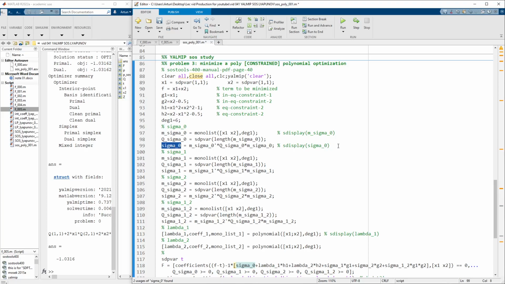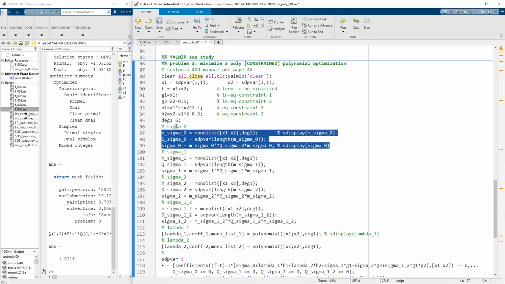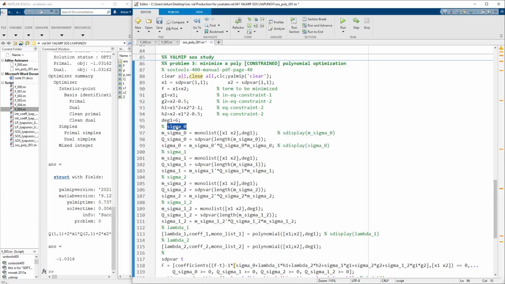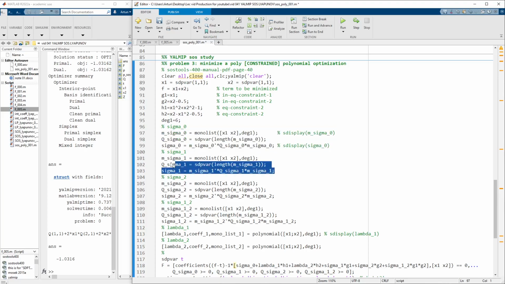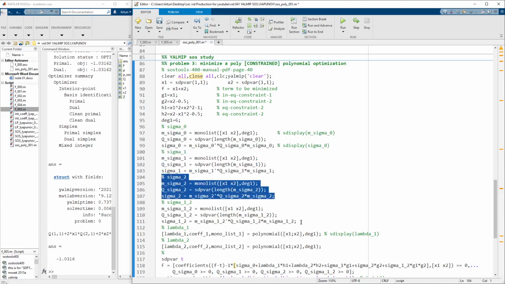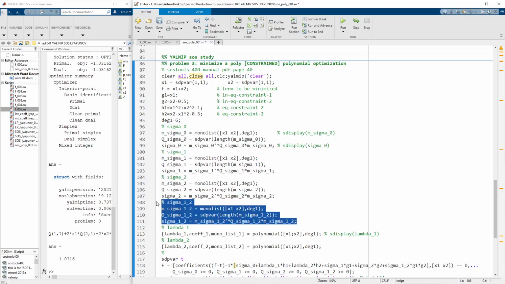Whenever you have some type of SOS polynomial decision variable, you use these three lines for that. And again, the same thing for sigma 1, sigma 2, and also sigma 1 2, or you can just call it sigma 3 or something. It's the naming thing.